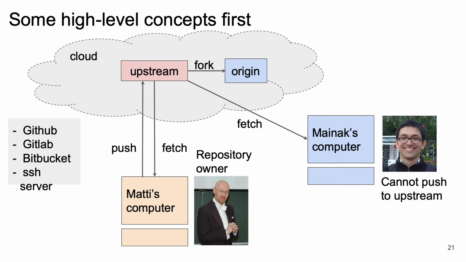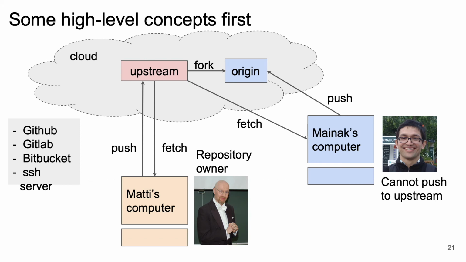Luckily, GitHub provides you an interface to deal with this. You fork the upstream repository, and you make another repository, which is normally called origin. And this fork is what he has push as well as fetch access to.